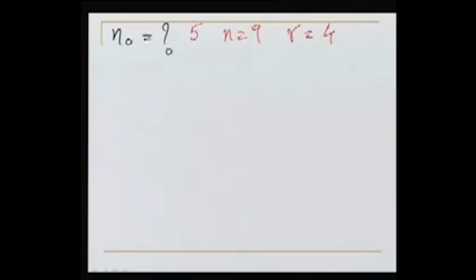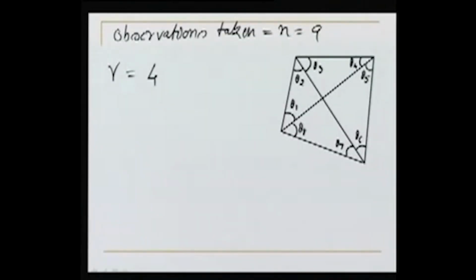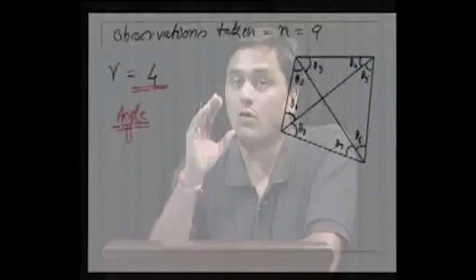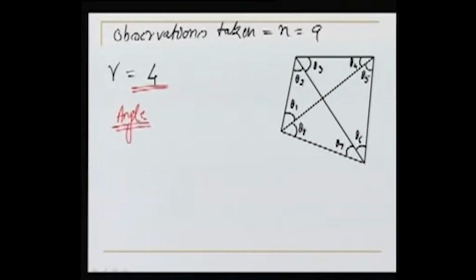So we need to form 4 equations, or the 4 condition equations. Now what will these condition equations be here? As you can see over here, can we form some angle conditions? And again, these four conditions should be independent. So the first condition equation we can form as theta 1 plus theta 2 is equal to theta 5 plus theta 6.